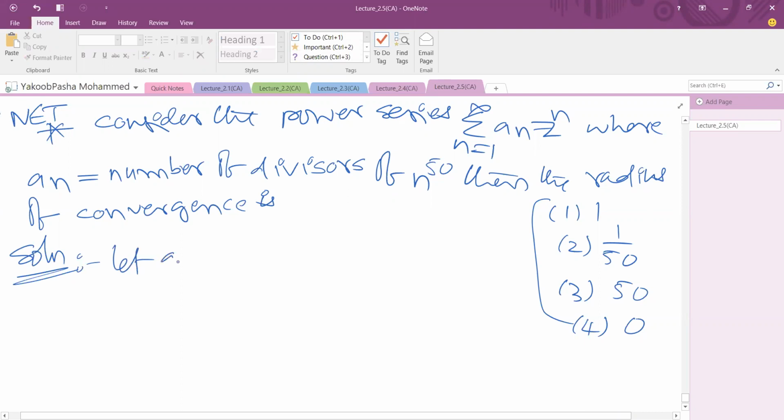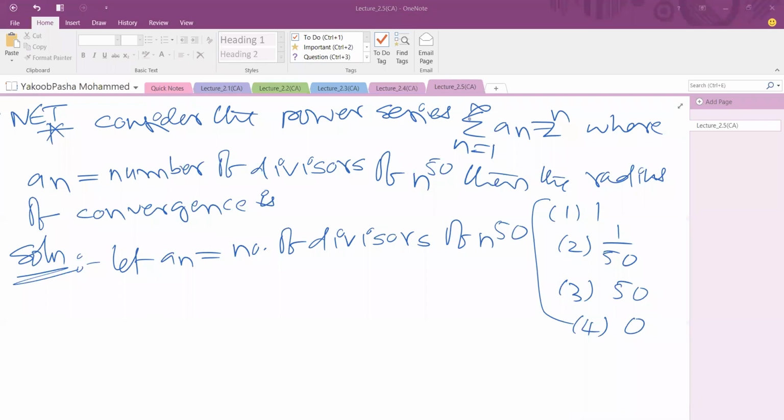Let a_n be the number of divisors of n^50. I'm writing option 2, we'll see.